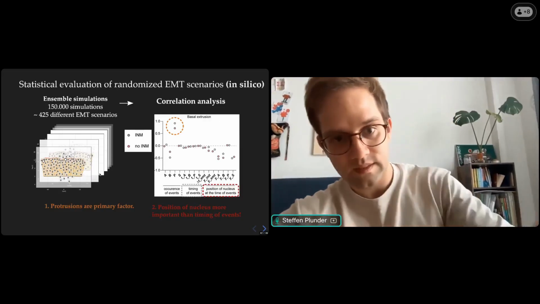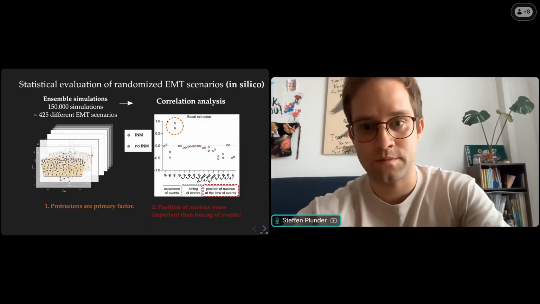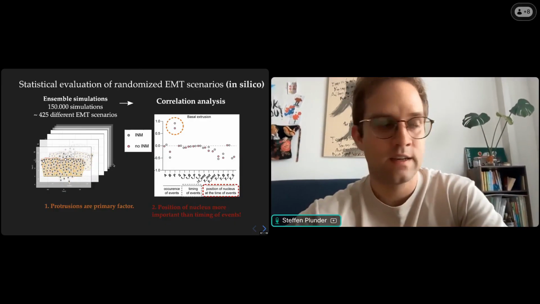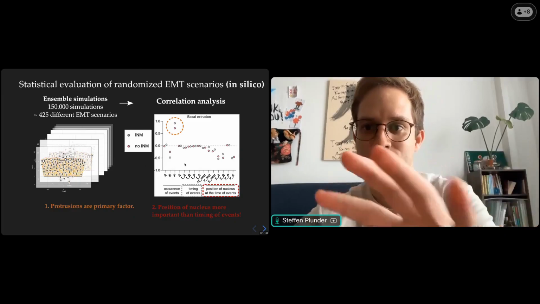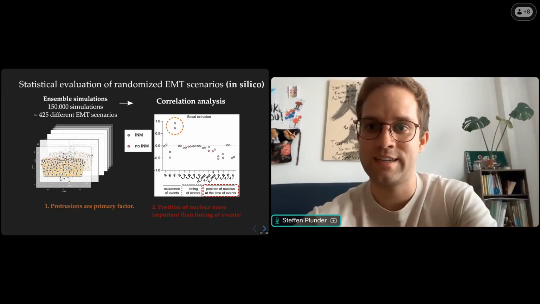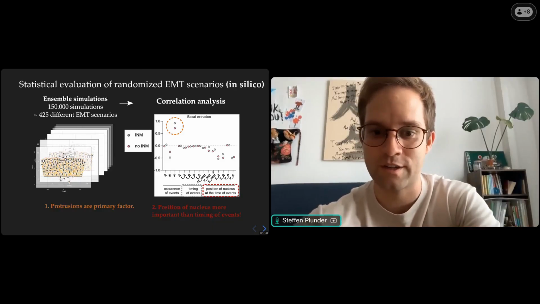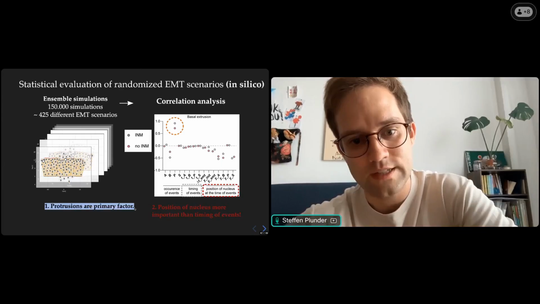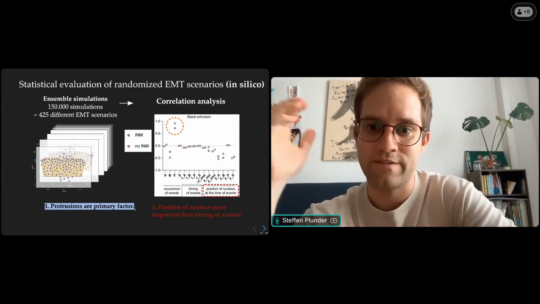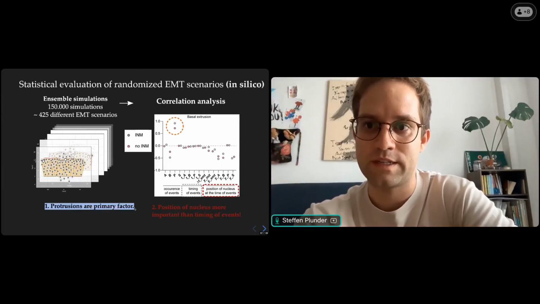And here one trick which I learned from the biologist as well is that we mathematicians would represent this data very differently, but because he could represent it in a biology style, I think it was more successful in the biology journal. And what we found is, the first thing is that protrusions are actually really important to determine the direction.